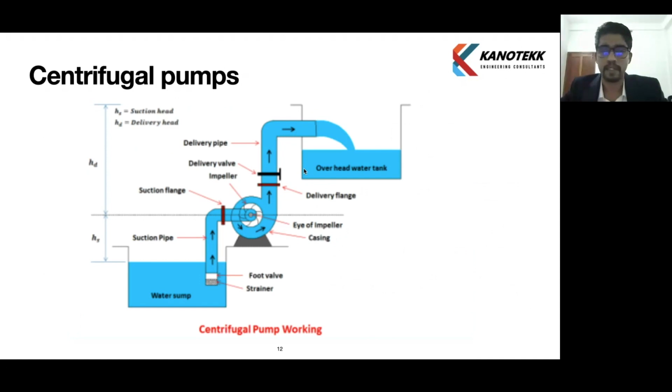HS is the suction height, or suction head, and the delivery pipe is shown going to the overhead water tank. HD is the delivery head. When this pump works, it takes water from the water sump at the bottom and pumps it to the overhead tank. We will see in detail.